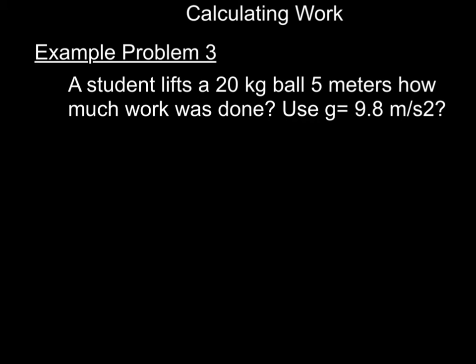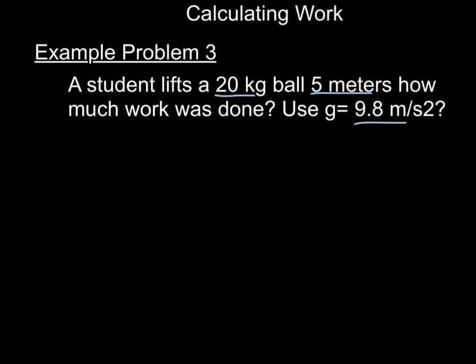So what we have here is an example where a student lifts a 20 kilogram ball 5 meters. How much work was done? And you're given a clue here to use g equal to 9.8 meters per second squared. So let's see how this is done. Let's first collect all of our numbers.